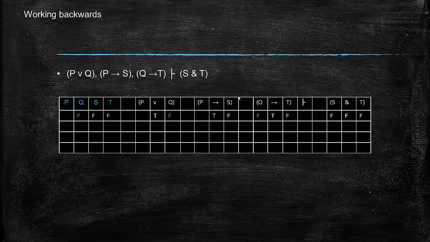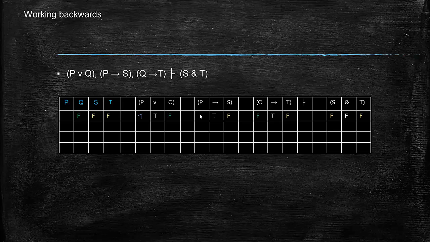Now, there's only one other thing to do, and that's to do P. So look at the OR. Now, if the OR is going to be true, Q is already false, so this has to be true. So now we've got to write true here. But here's the problem.